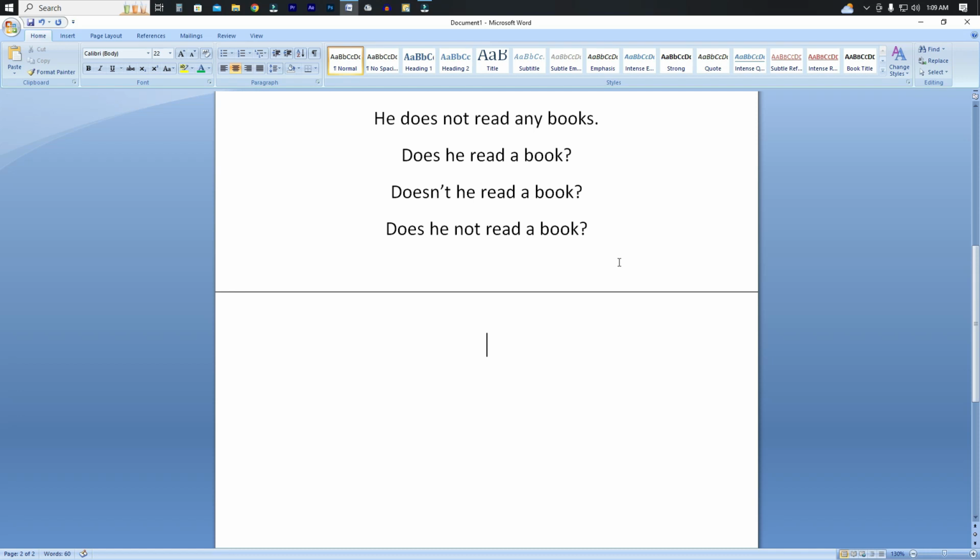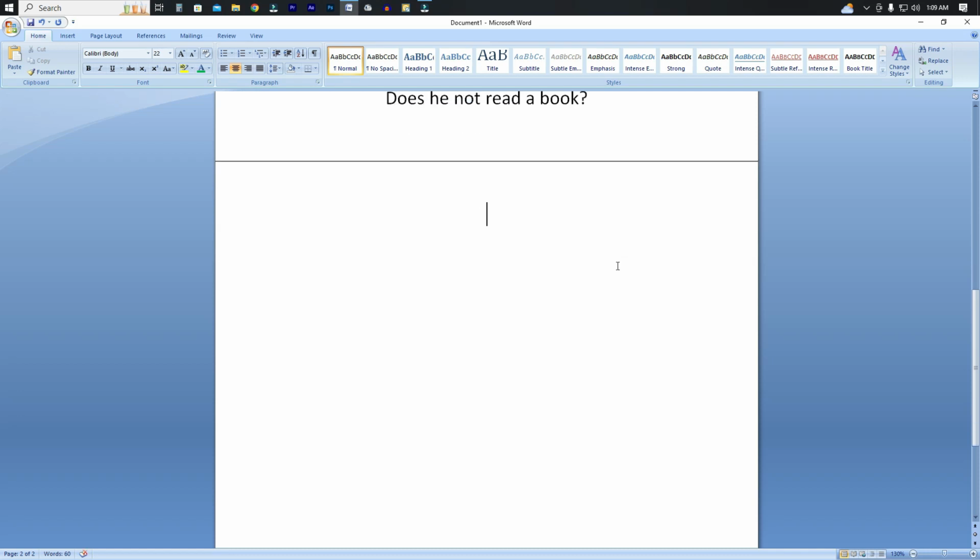Suppose we write down any sentence: "He plays cricket." This is an affirmative sentence because there are no negative words.